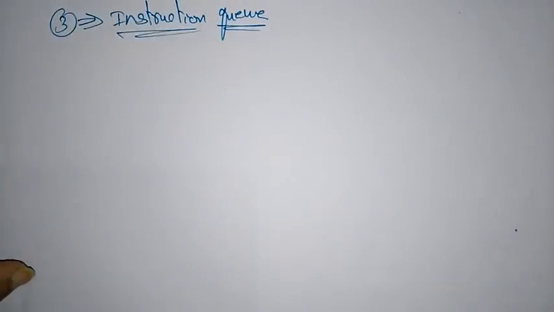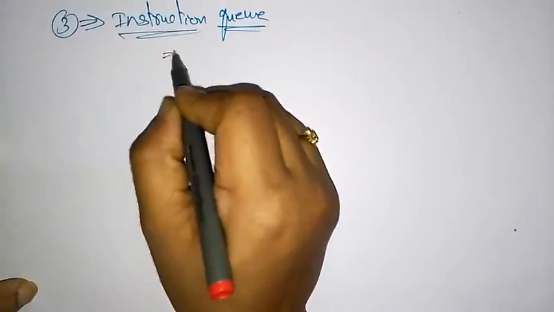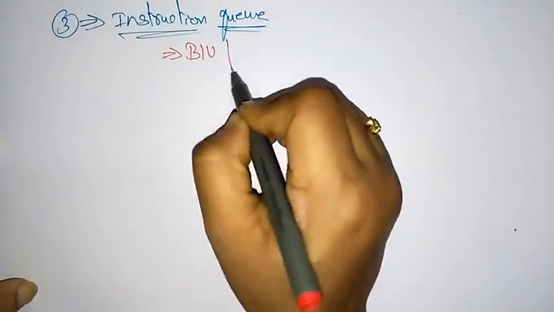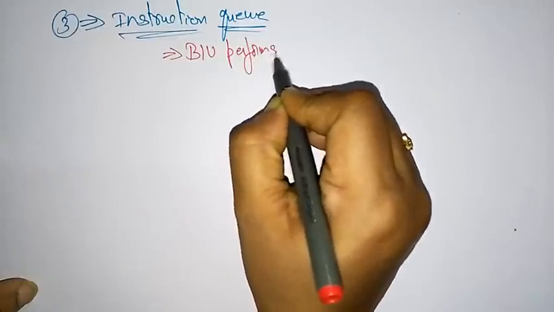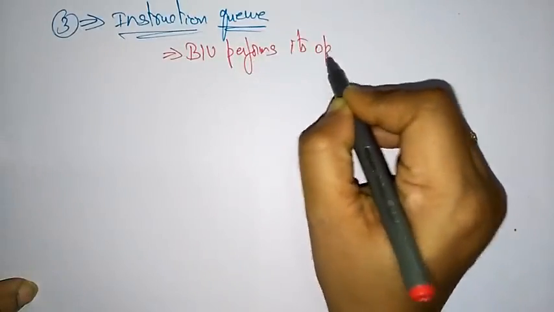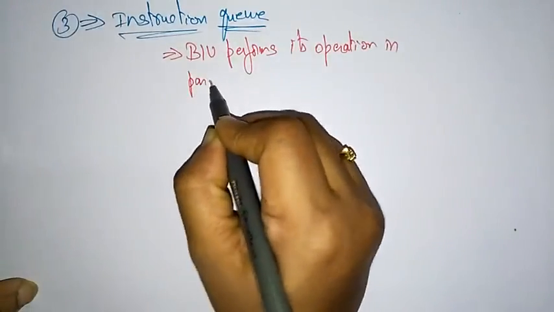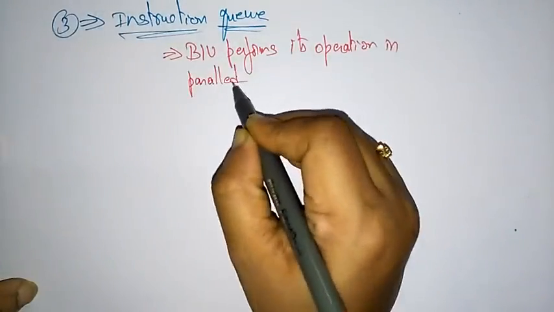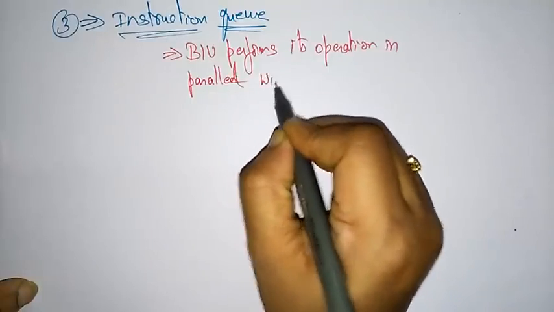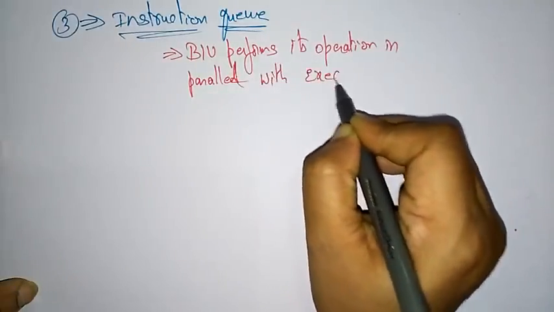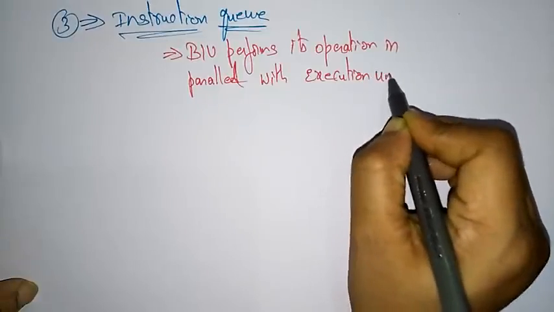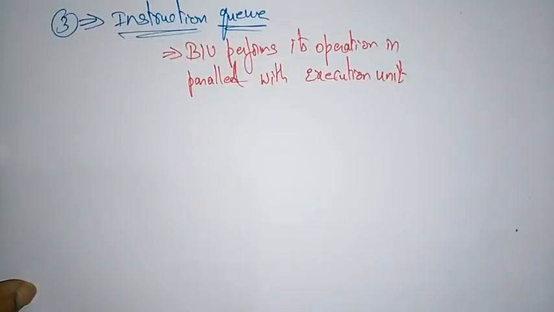What is the role of the instruction queue? The bus interface unit performs its operations in parallel with the execution unit.